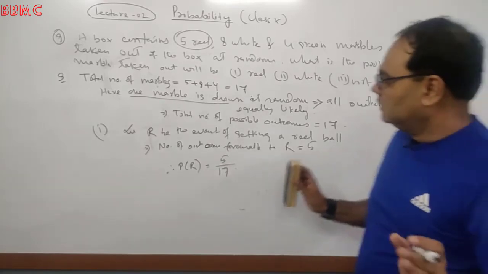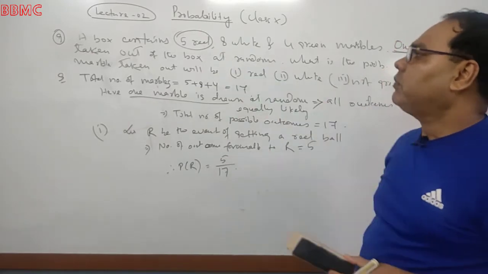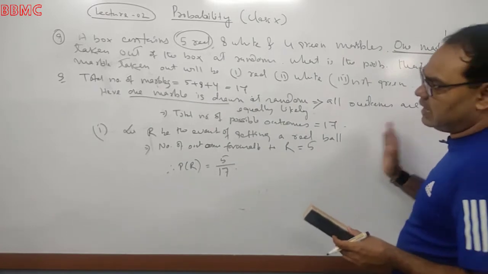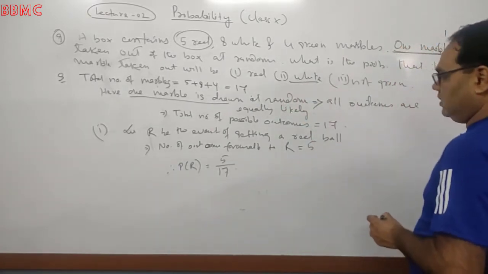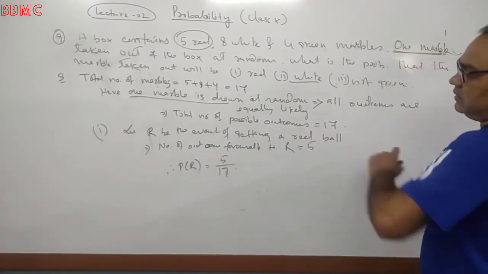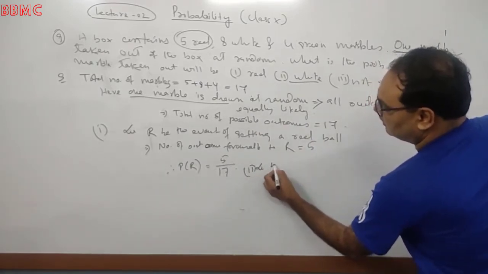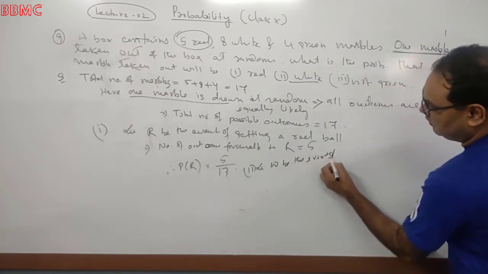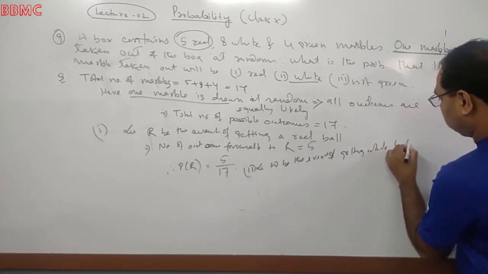I think there should not be any doubt. I have already solved the previous problems. Problem number 8 remains, which is the same. And number 2, white. Let W be the event of getting a white ball.